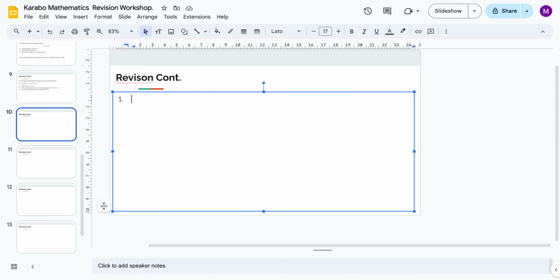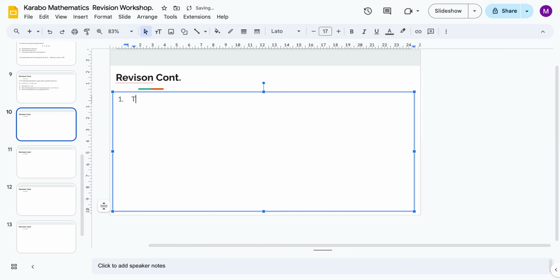Okay, so I know that there's a constant difference because if I take the 12, subtract the 7, that is a constant difference. 17 minus the 12, that is a constant difference. And 22 minus 17, that is a constant difference. It's the constant difference of 5.